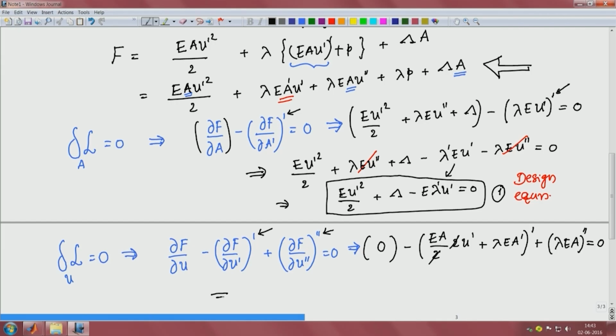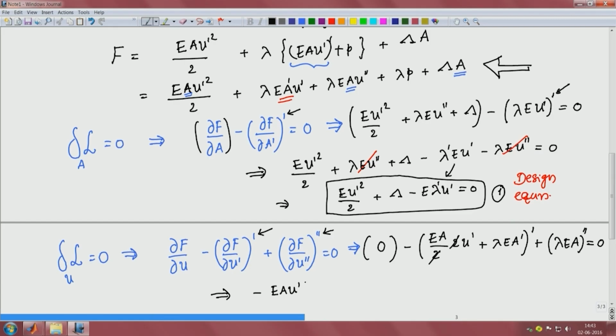So, let us expand this. The first one will be E A u prime, and we have to take another prime of that. I will expand it.